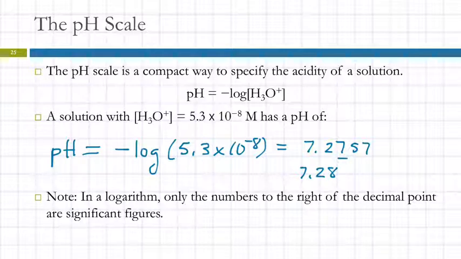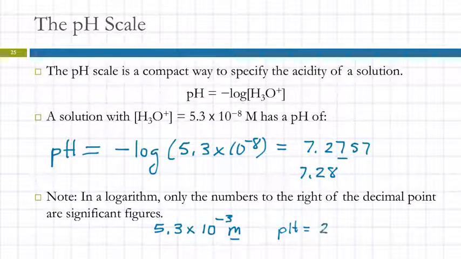So let's do one where the hydronium ion concentration is 5.3 times 10 to the minus 3. Then the pH is going to be 2.28. I can't remember, isn't 7 neutral on a pH scale? Yeah, pH 7.00 is neutral.